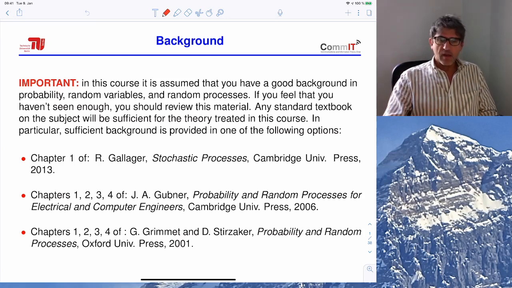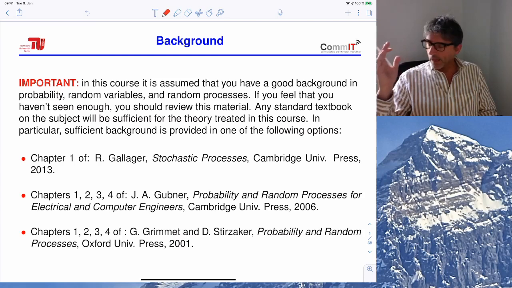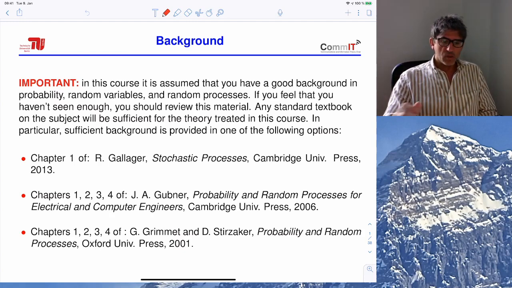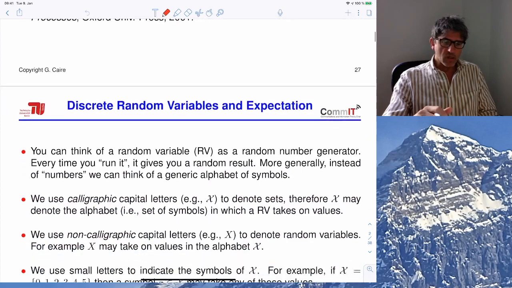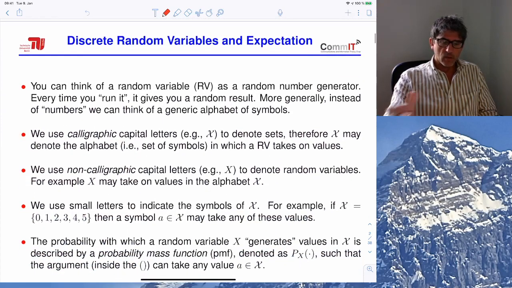If you have others, Wikipedia, online courses, you can choose whatever you want, as long as you have the right background. And this is not very complicated. This is very elementary. So any decent course in probability will allow you to understand.